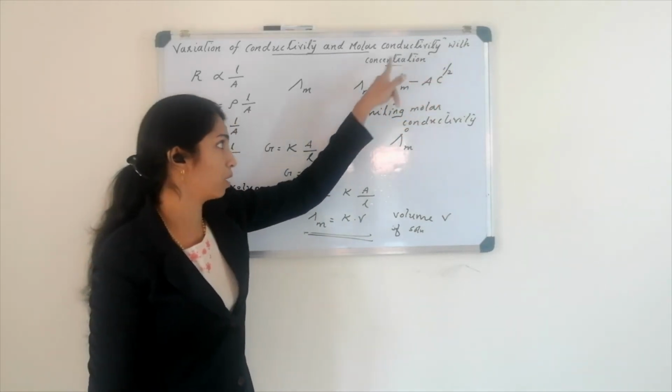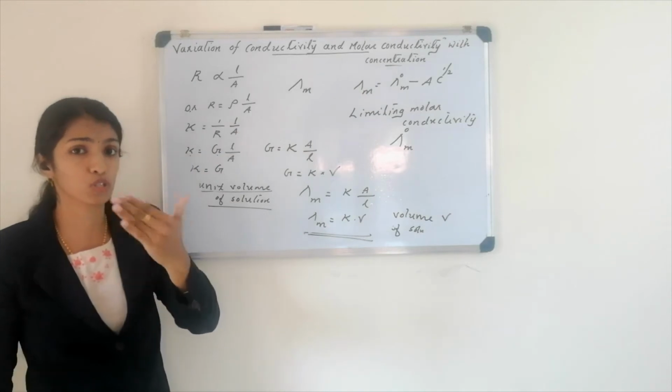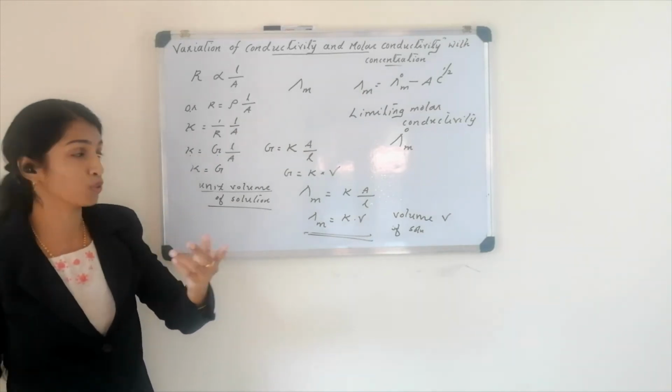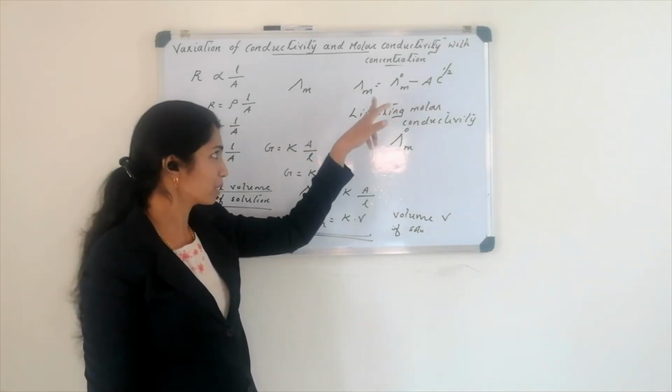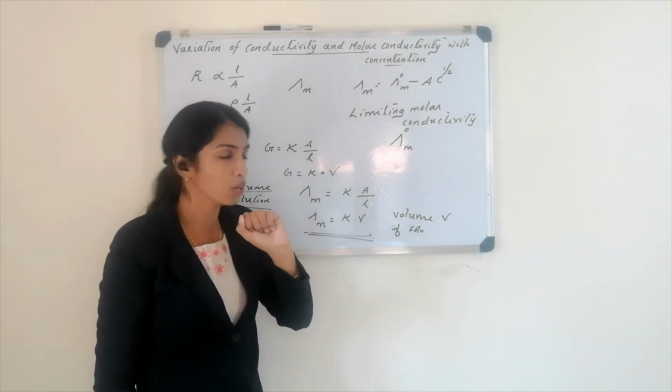This is experimentally observed, and this is the conclusion of an experiment. As a plus 2 student, you need not go into the details of this equation. So lambda m is equal to lambda 0 m minus a into root c.